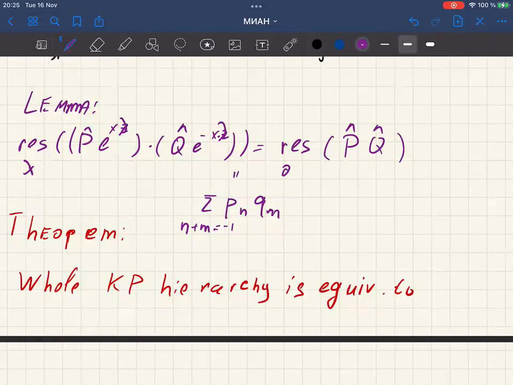And here the residue in terms of operators. But the residue of lambda. Sorry. Here we have... my question is not related to this. Where is 1 over lambda in the left-hand side?